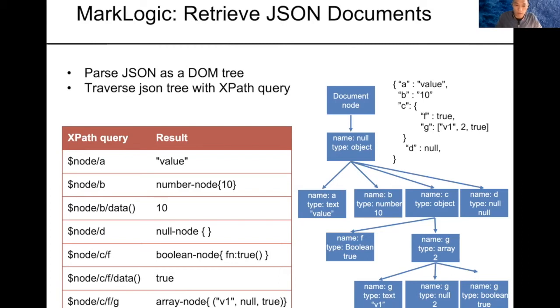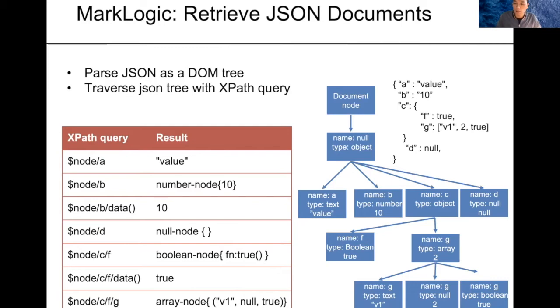In the second line, in this XPath expression, we navigate from the root node to a number node named B, and the returned result is the number node with value 10.